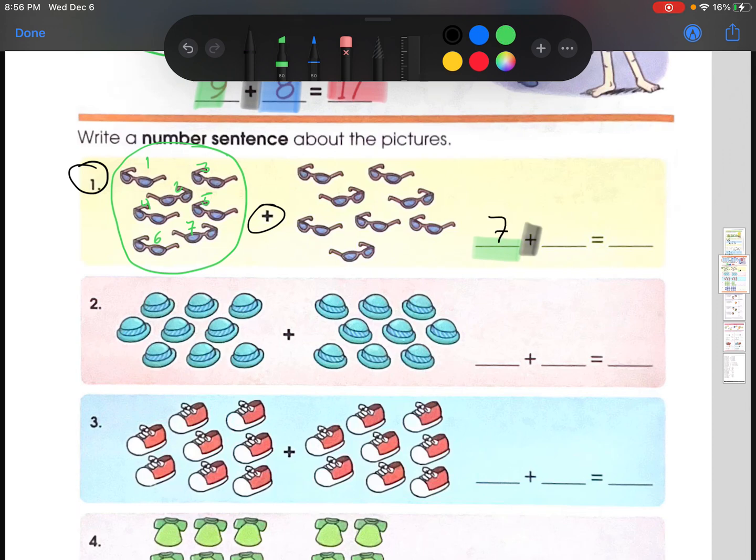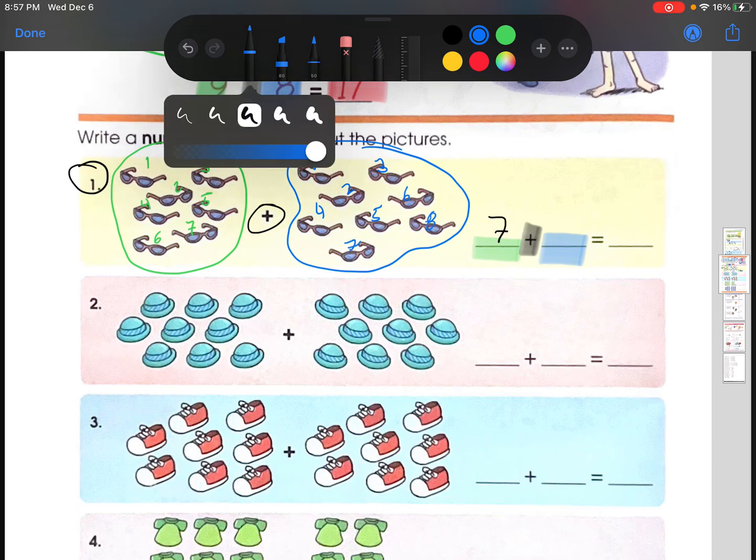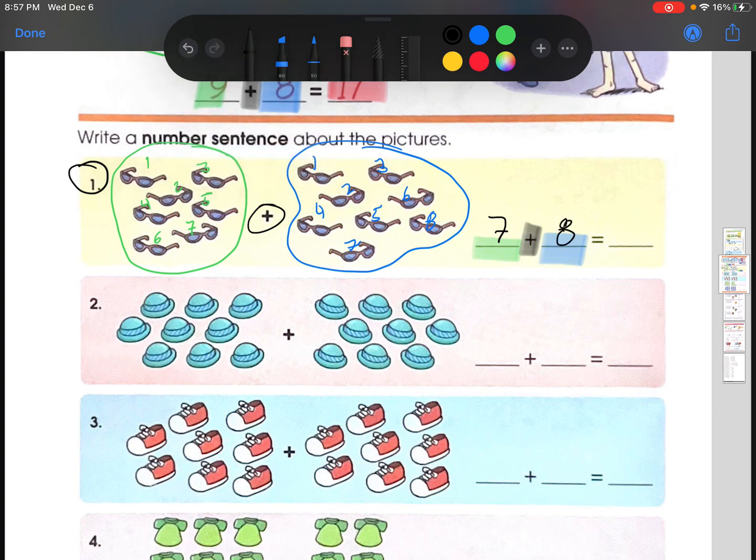And then again, for color coding, the second line right here would be this group. So if we count again, 1, 2, 3, 4, 5, 6, 7, 8. The answer for the second line is 8. And then, like we said, this last line is basically just all of this counted together.